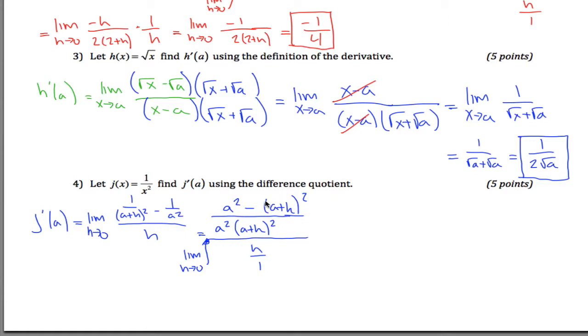Okay, hopefully when the dust settles, we'll be left with an a up on top. In fact, we will, because if you expand out a plus h squared, I'm not going to forget this time, it's the limit as h approaches 0 of a squared minus a squared plus 2ah plus h squared. If you expand this all out, you get this thing. You can leave the bottom alone.